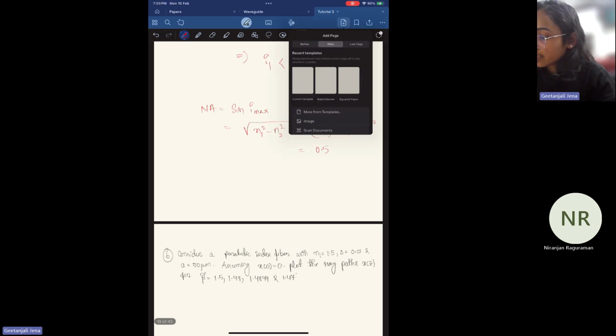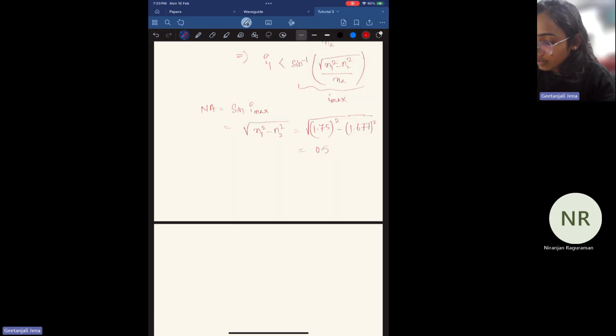So let us see what we have in the second part. In the second part, the ray is incident at a non-axial point, x equal to 20 micrometer from the axis. So that means when you incident the light at that point, the beta tilde at that point should be greater than n2.